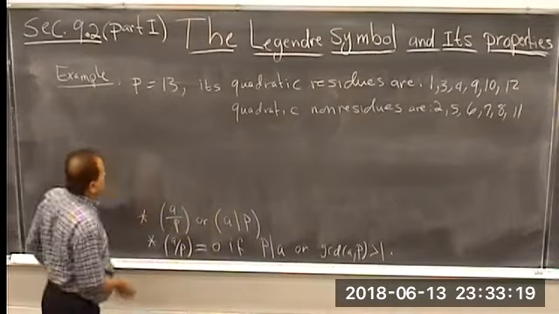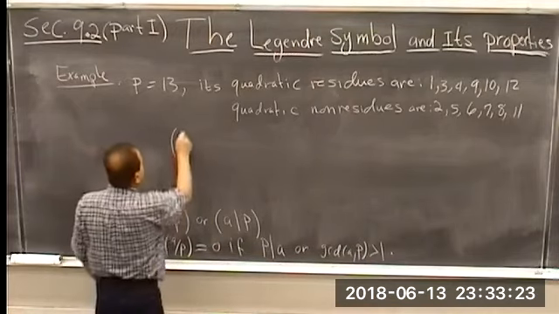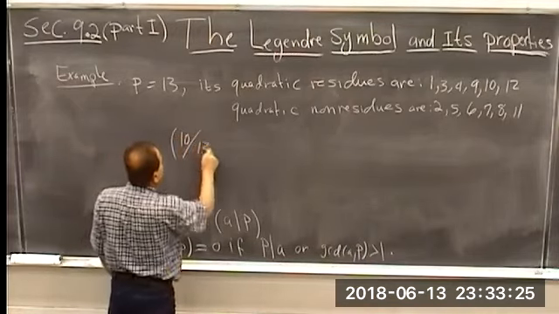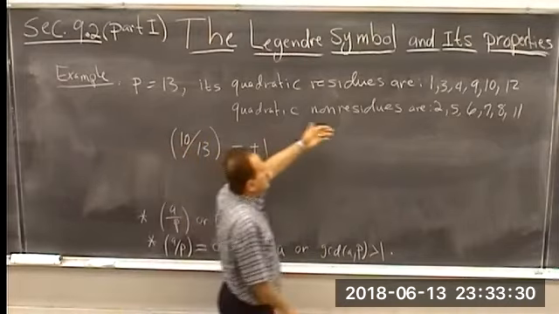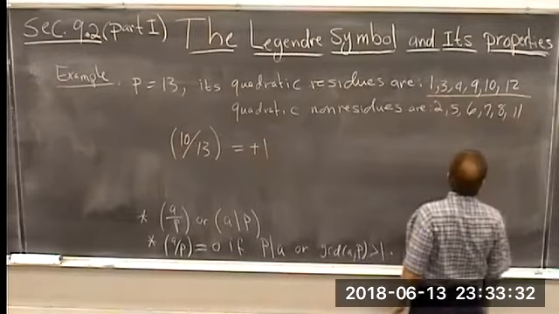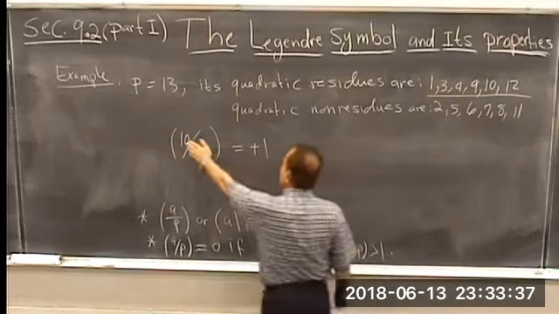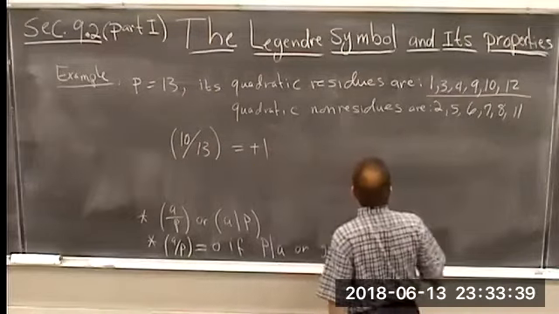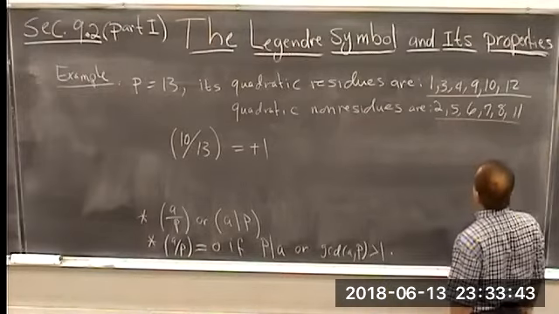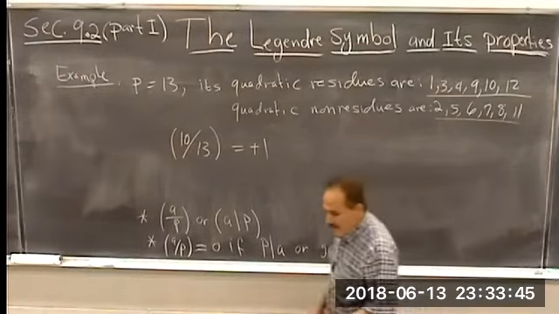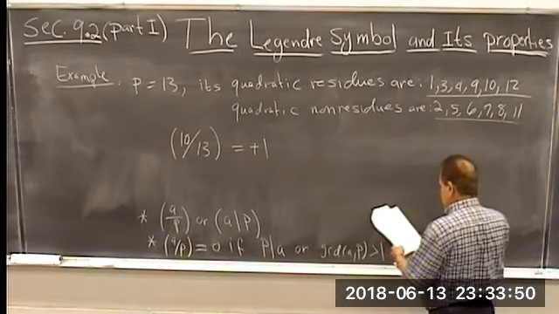So what the Legendre symbol is saying is that if you take, for example, 10 by 13, this is equal to positive 1, and this is true for any one of these. When you take the Legendre symbol value of these by 13, we call it 10 by 13 here. And for the non-quadratic residues, we have, let me see if I listed them correctly in here.